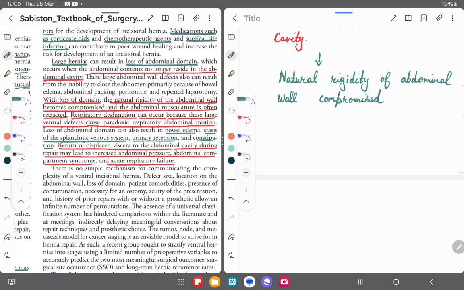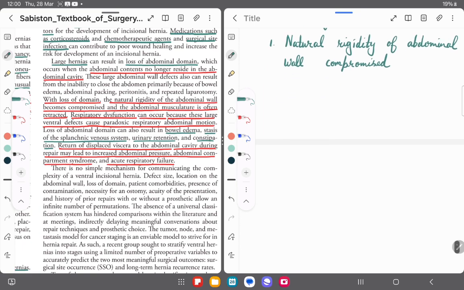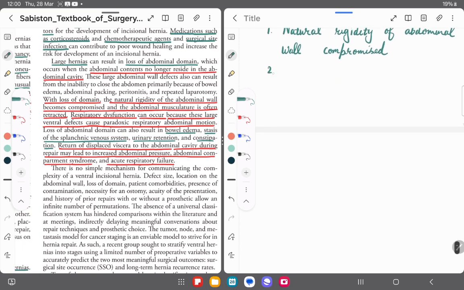That is point number 1. Natural rigidity is compromised. Abdominal musculature is retracted.